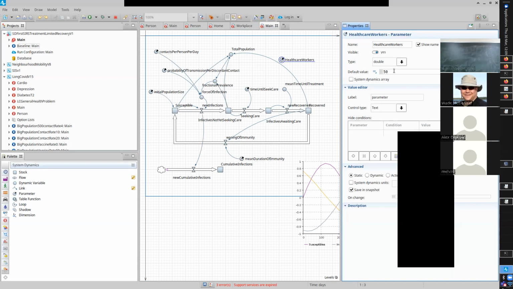So it's a unit, healthcare worker time, times T per patient. So it's divided by T.